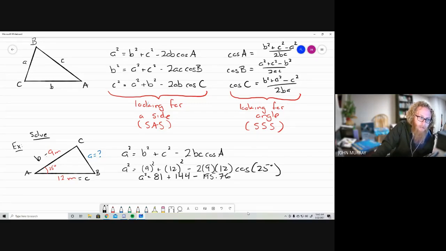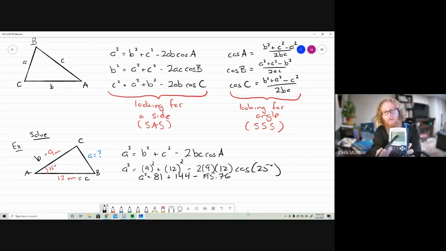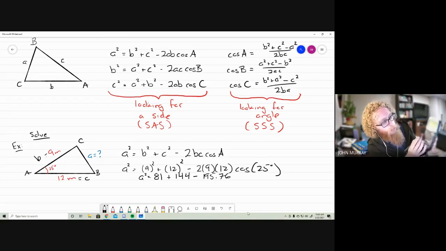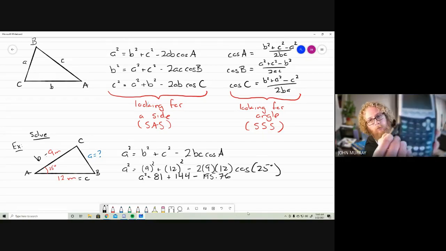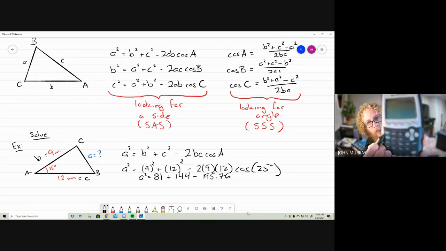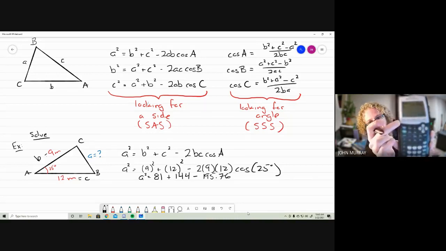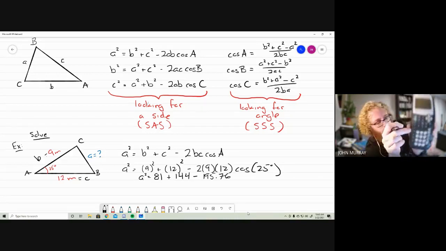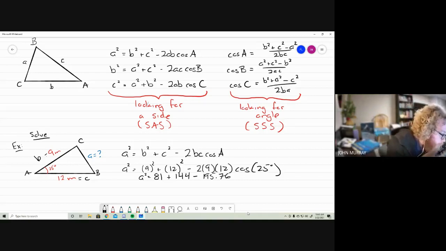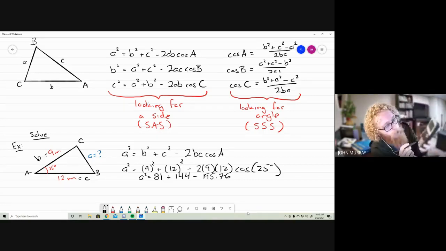Again, we want to be as accurate as possible, so the more decimal points you have, the more accurate you're going to be. I'm going to use the entry that I have in here, that whole thing. If you press the second key, the blue one, and then the minus key, it takes your previous answer and plugs it in.